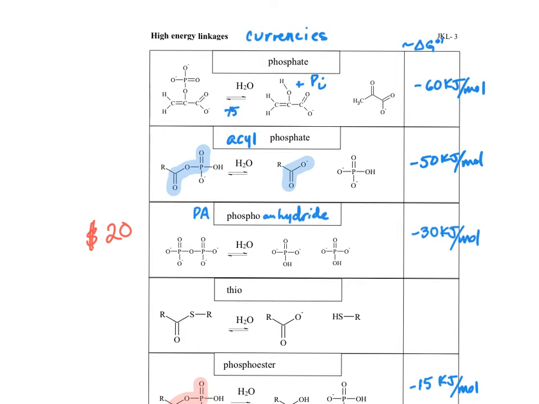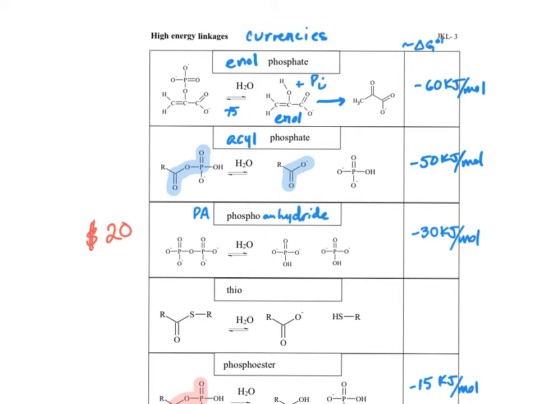So we get about negative 15 kilojoules per mole, just like we said at the bottom of the page. But when we create this special alcohol, let's take a look. It's an alcohol right next to a double bond. That's a very rare situation. We call that an ene for double bond, ol for alcohol. And the molecule on the left is therefore an enol phosphate.